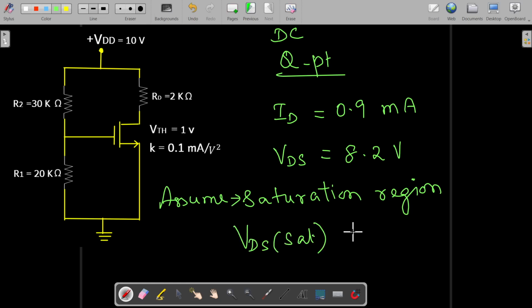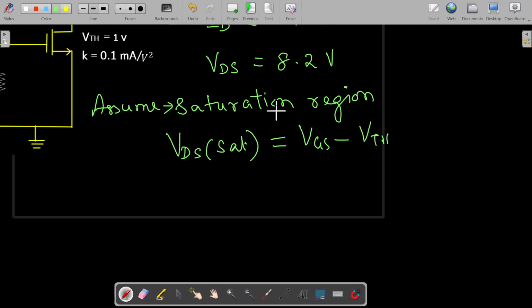The formula is VDS sat is equal to VGS minus V threshold. So VGS is calculated as 4 volts minus VTH, which is given as 1 volt in the problem itself. So it is 3 volts.